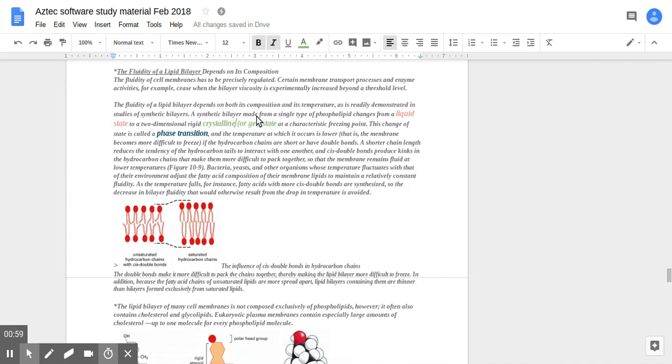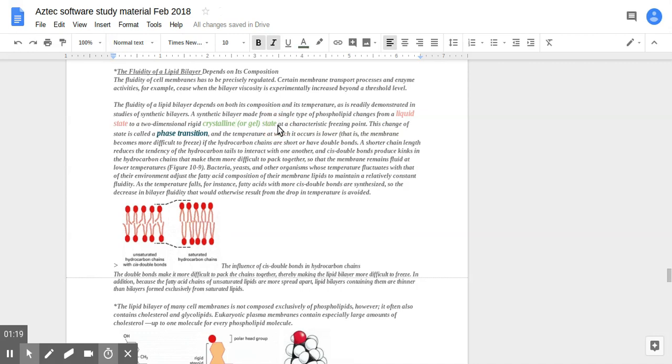which can be studied, they make synthetic bilayers and they change from a liquid state to a more rigid crystalline or gel state, depending on the fluidity of that particular membrane.